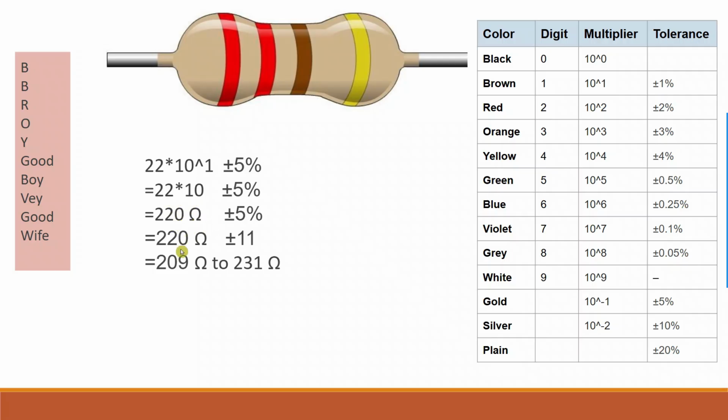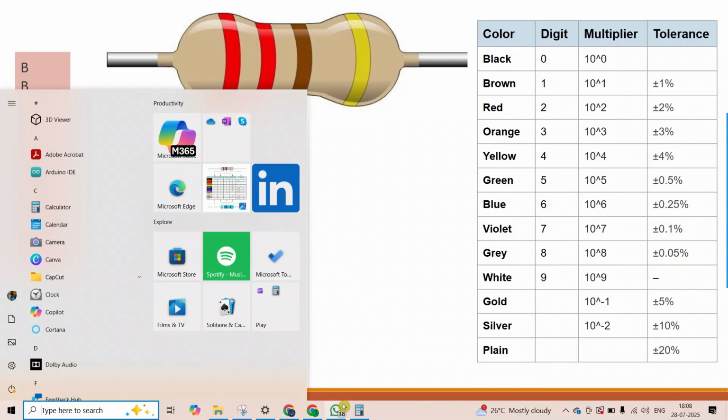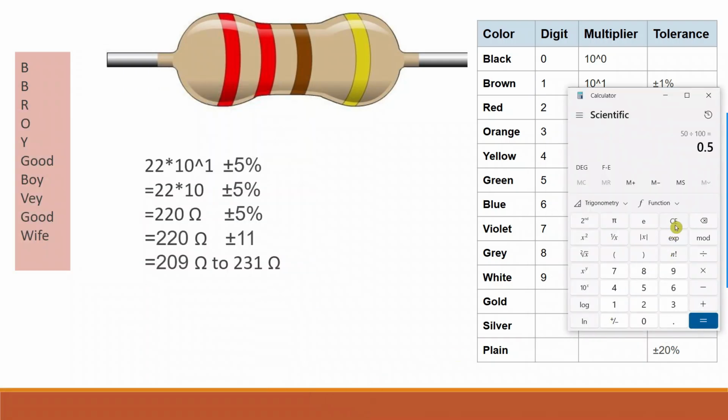Now what is the 5% of 220 ohm? 220 into 5 divided by 100 is 11. So we can subtract 11 from this value. Also we can add 11 to this value.